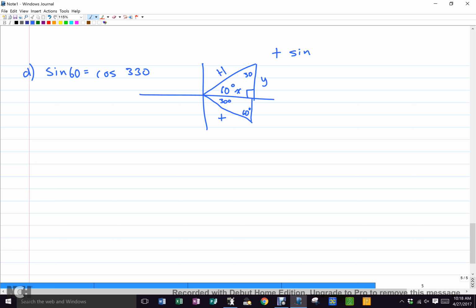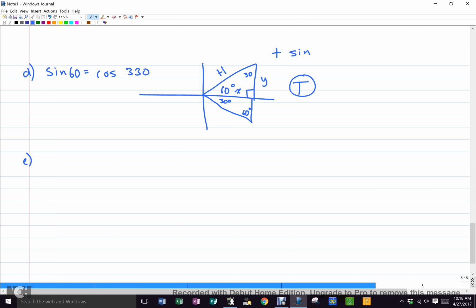Y over that is there over the hypotenuse. And then cos for this guy has to be the other one because sine and cos are inverses of each other, right? So these are both going to be the same, so that's true.